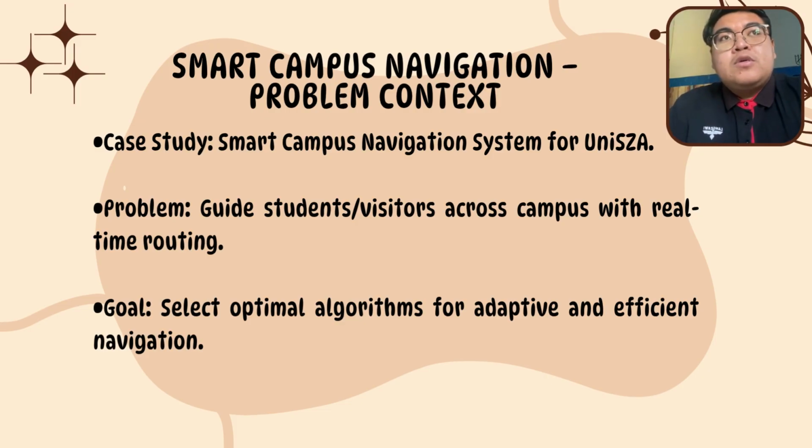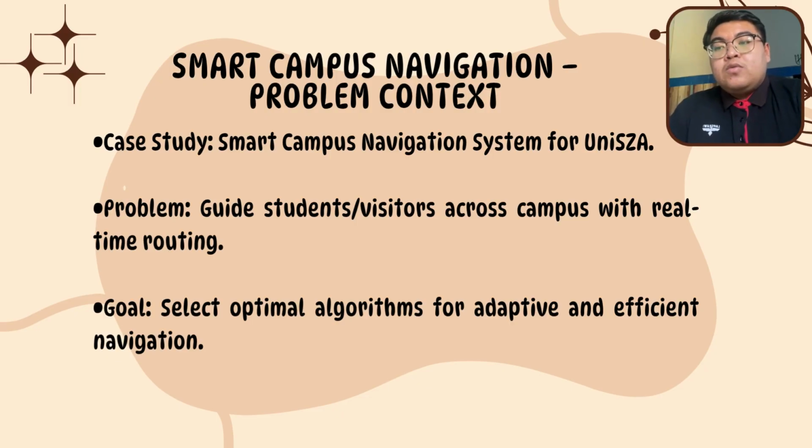For example, students want to go to the canteen, lecturers go to the dormitory and classes. So in this presentation, we are going to expose the algorithms for adaptive and efficient navigation.